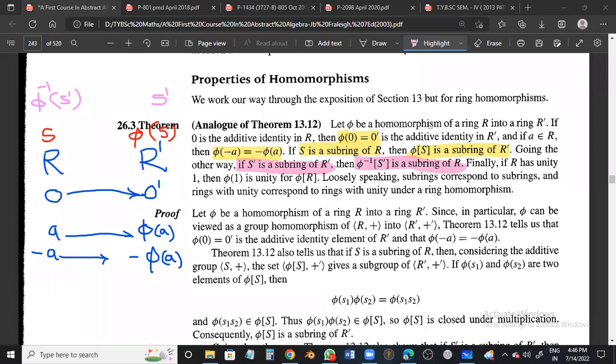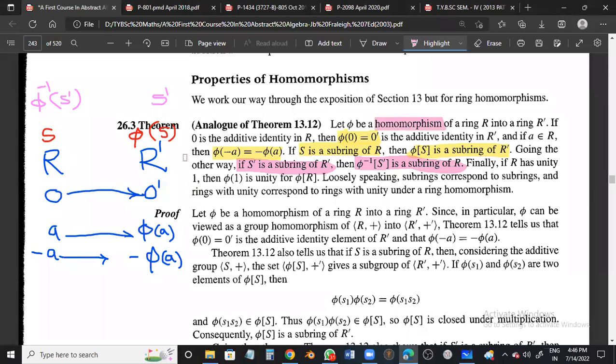What is meant by homomorphism? A map from a ring R into a ring R dash, which preserves both the operations, preserves addition and also preserves multiplication. That is known as a homomorphism. So our theorem talks about a homomorphism.